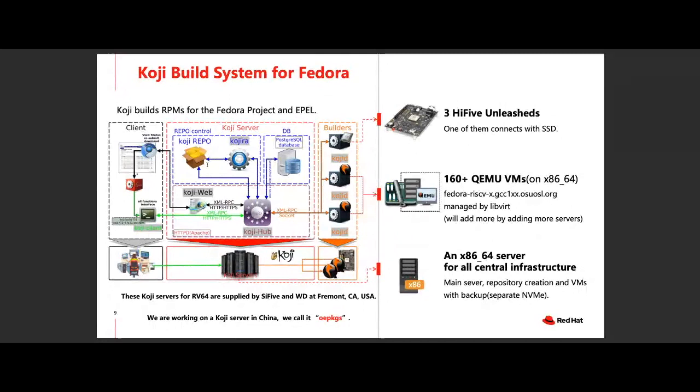Right now the Koji system runs in the US, and we are also building a new Koji system to help the original one, in China, called OE packages. We are working on it, and we will release this system in 2 or 3 months.